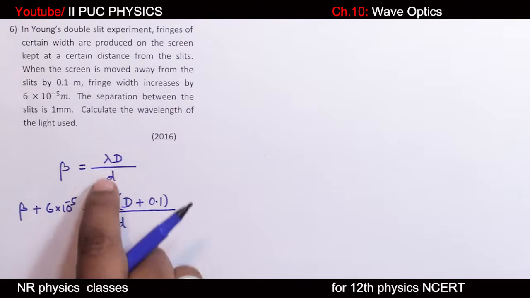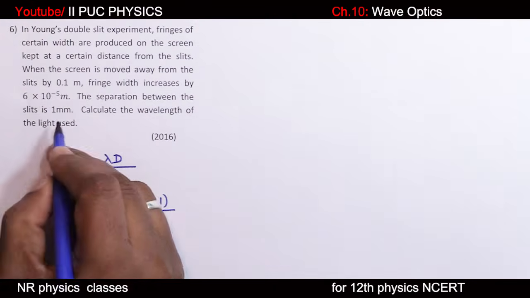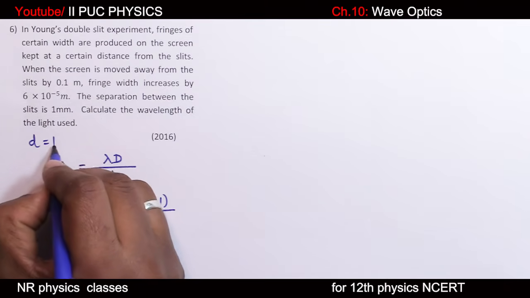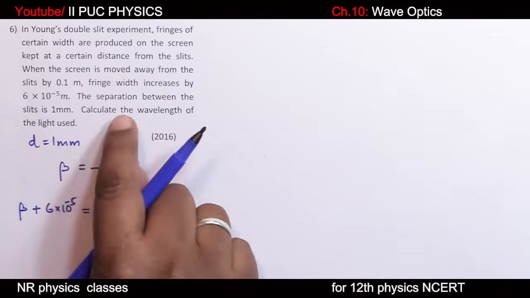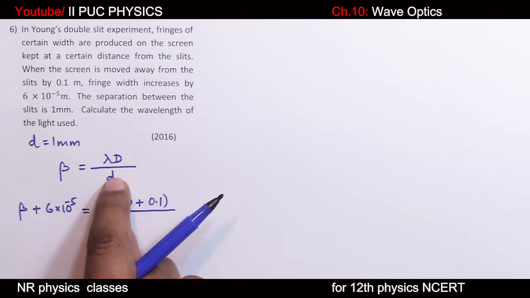Now we have to solve these two. The separation between the slits is 1 millimeter. So small d is 1 millimeter. Calculate the wavelength. Now beta is lambda D by d.